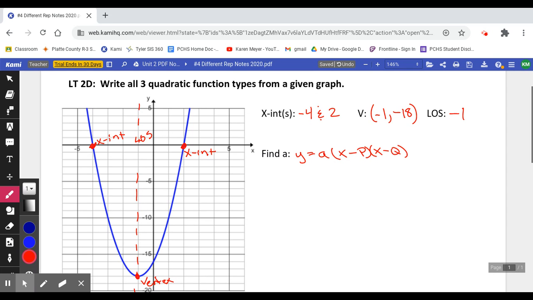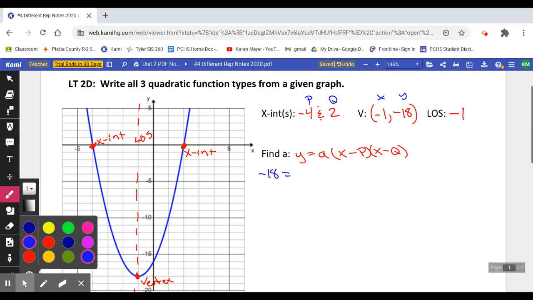So this is my p number, this is my q number. And then you have to have a random point to plug in for x and y. I'm going to use my vertex as my random point. So that's my x and y numbers. For y, I plug in -18 equals a times (x is -1).